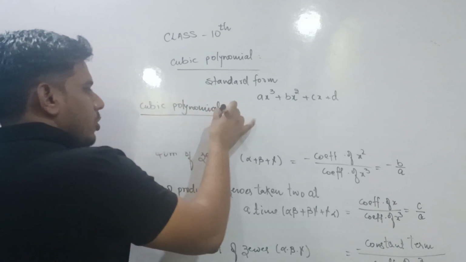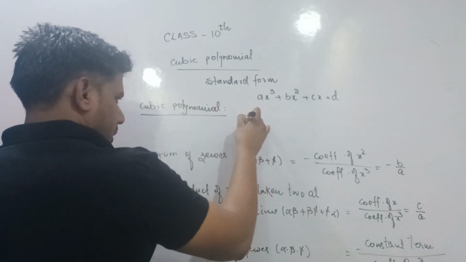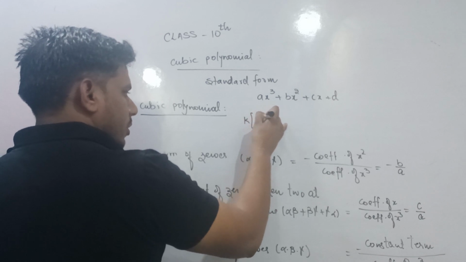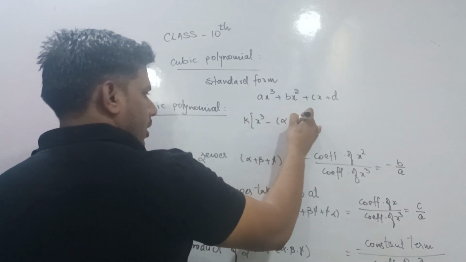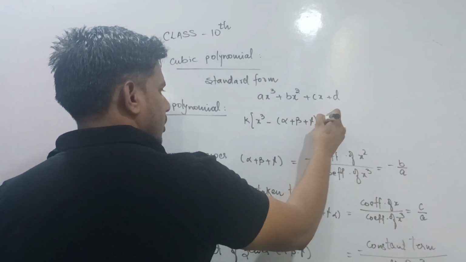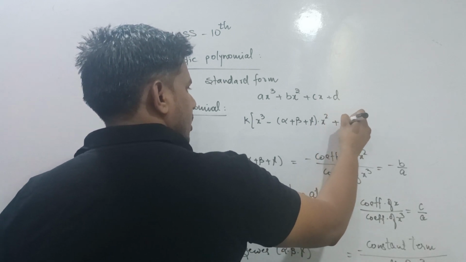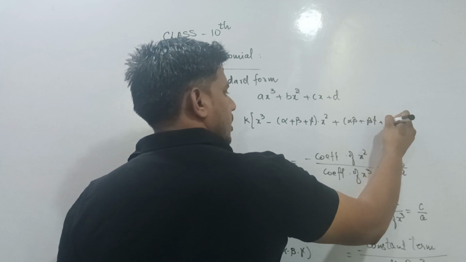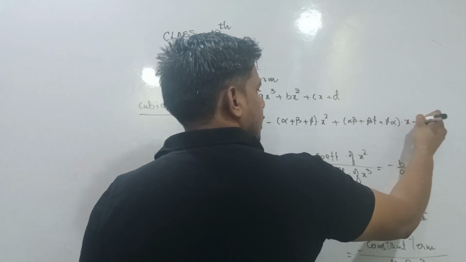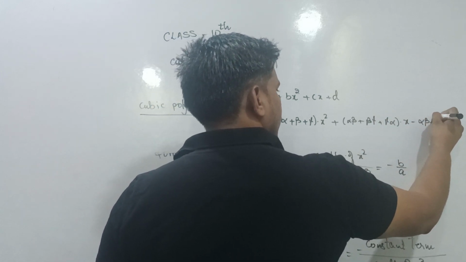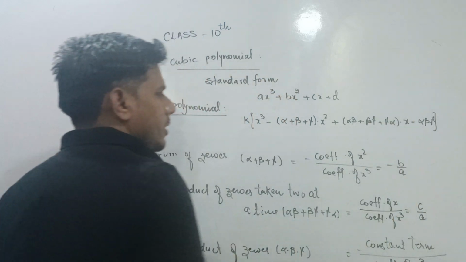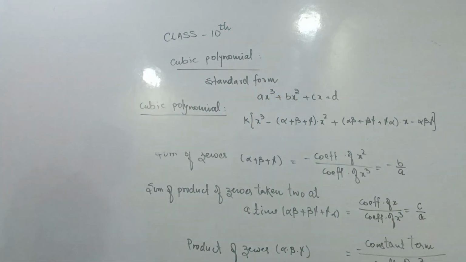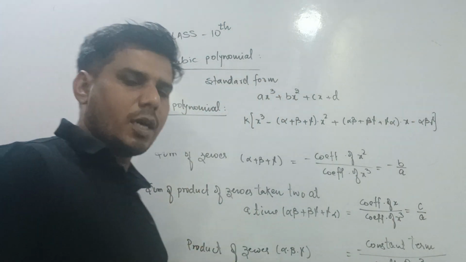the formula for the cubic polynomial: k times bracket x cube minus (alpha plus beta plus gamma) into x square plus (alpha beta plus beta gamma plus gamma alpha) into x minus alpha into beta into gamma. This will be the formula to find the cubic polynomial when all these three terms are given.